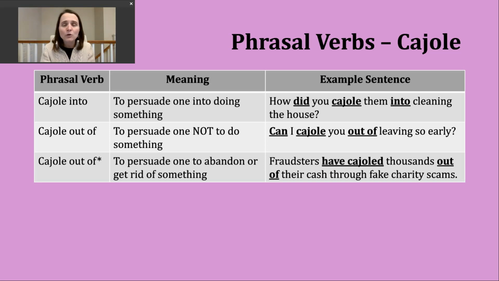Somebody needs help with medical bills, and you think, oh, I want to help out. But it's not a real fundraiser, it's a scam. And so you have been persuaded to essentially get rid of your own money, to donate it to someone who doesn't need it, but who is trying to scam you or steal your money.